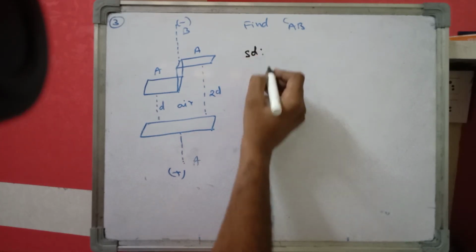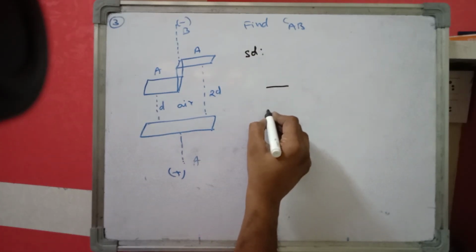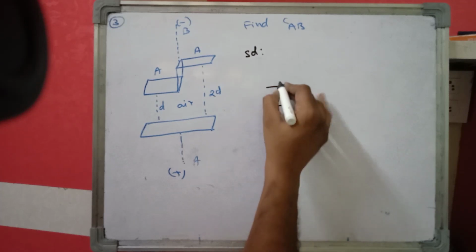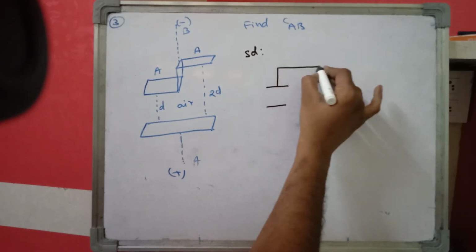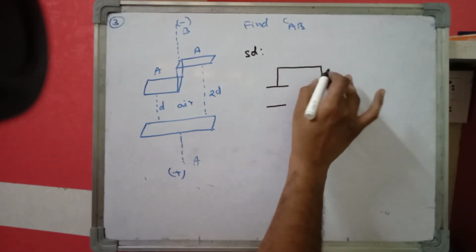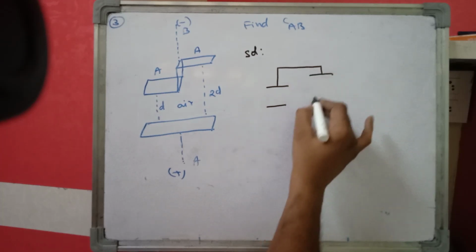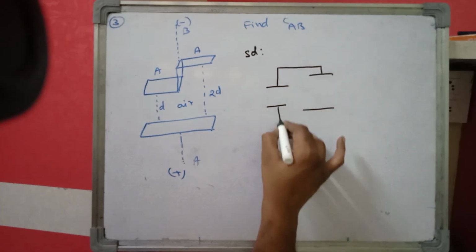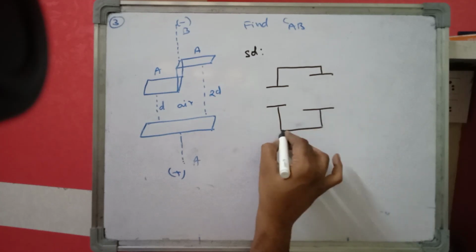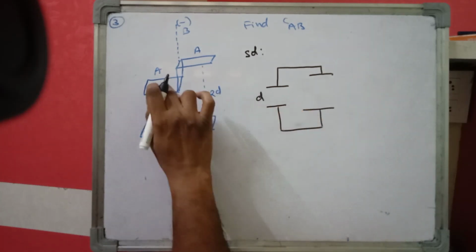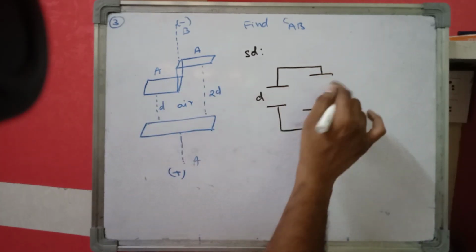We can assume two capacitors connected in parallel like this. Distance of separation between these two is D, between these two is 2D.